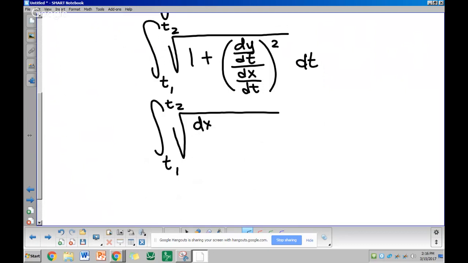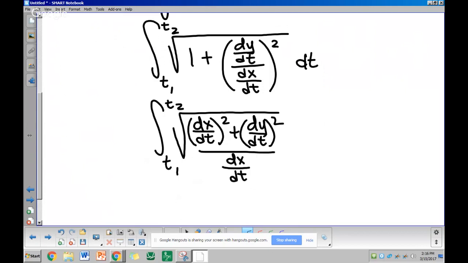So this would be (dx/dt) squared plus (dy/dt) squared over (dx/dt) squared. Now, obviously, the square root goes all the way down. This is dx until we can cancel it out, so just bear with me.